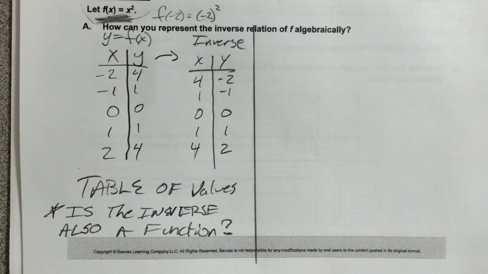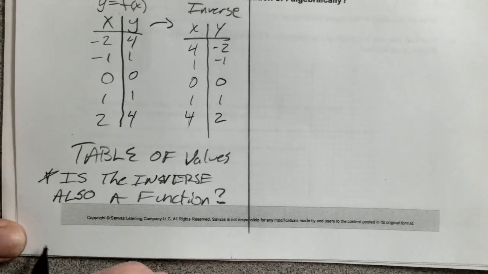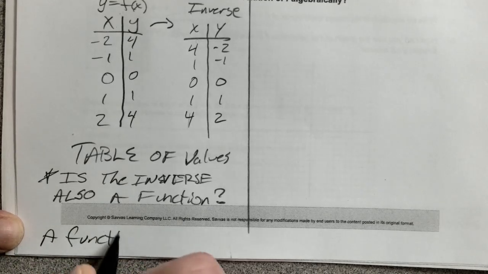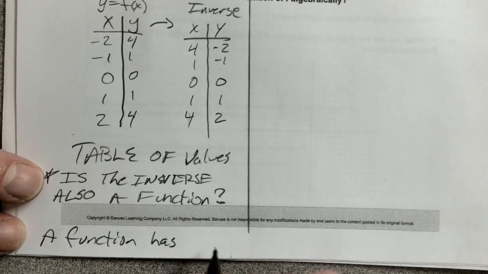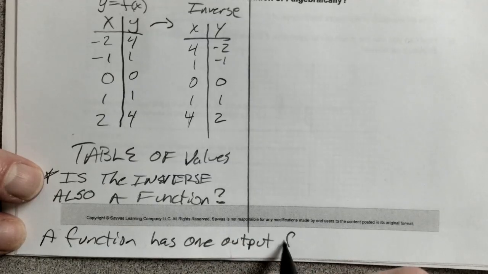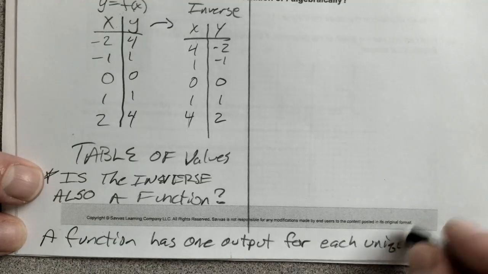Ooh, well, that requires us to define a function perfectly to be safe here. So down here, what is the definition of a function? A function has one output for each unique input.